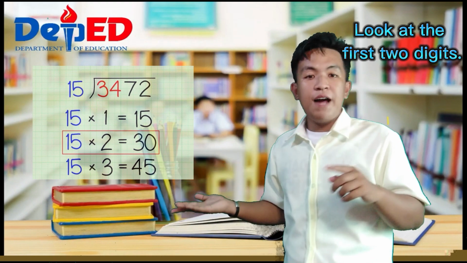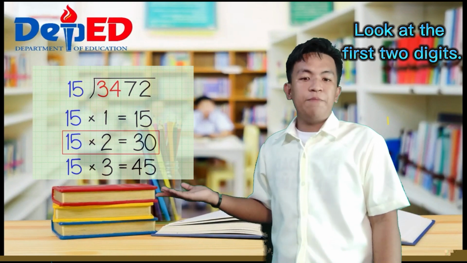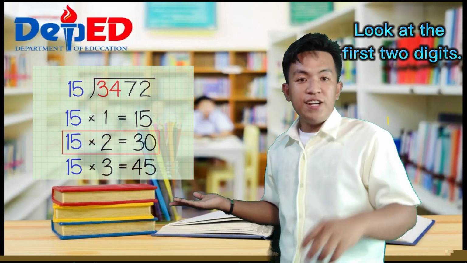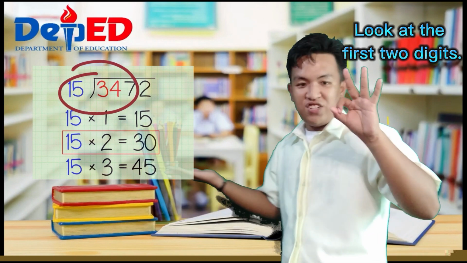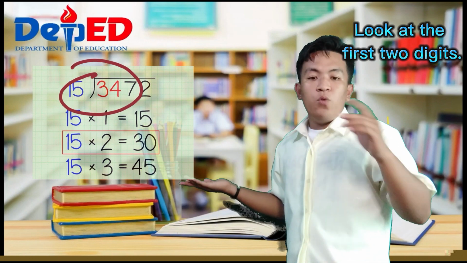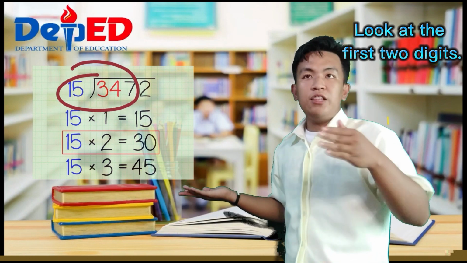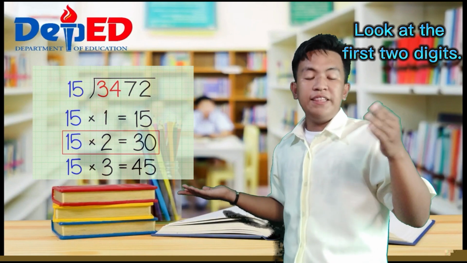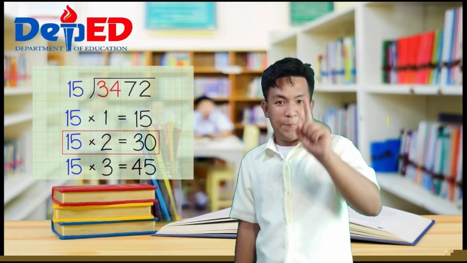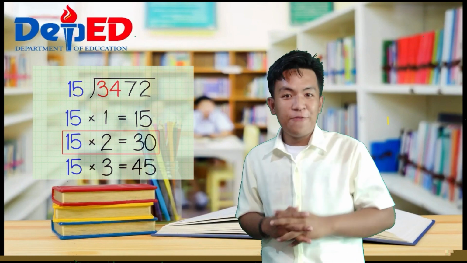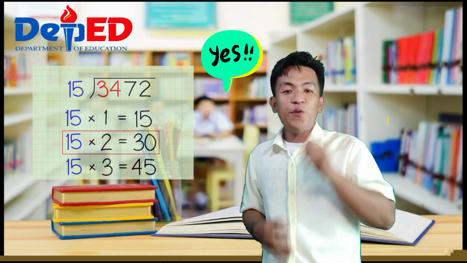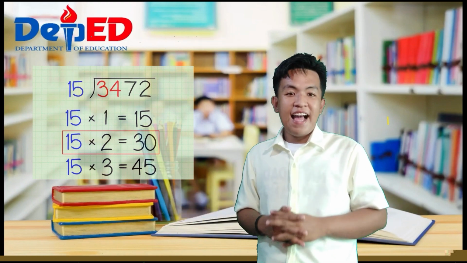If you still have an impossible division problem, you'll need to look at the first three digits, but we don't need to in this example. Does 15 fit into 34? Yes, it does. So we can start calculating the answer.